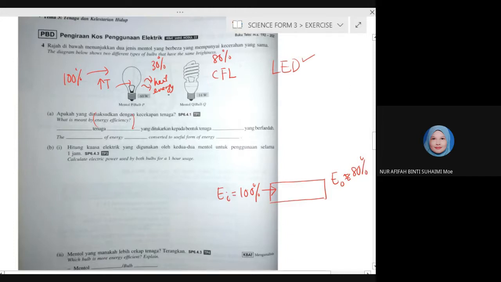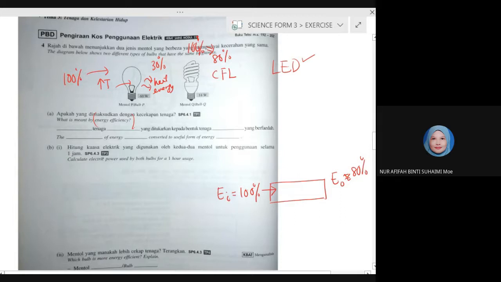To reach the same brightness as the CFL, it needs a lot of heat, and that heat is wasted rather than becoming brightness. Compared to the CFL, we give 100% but it produces 80%, more efficient than the bulb.